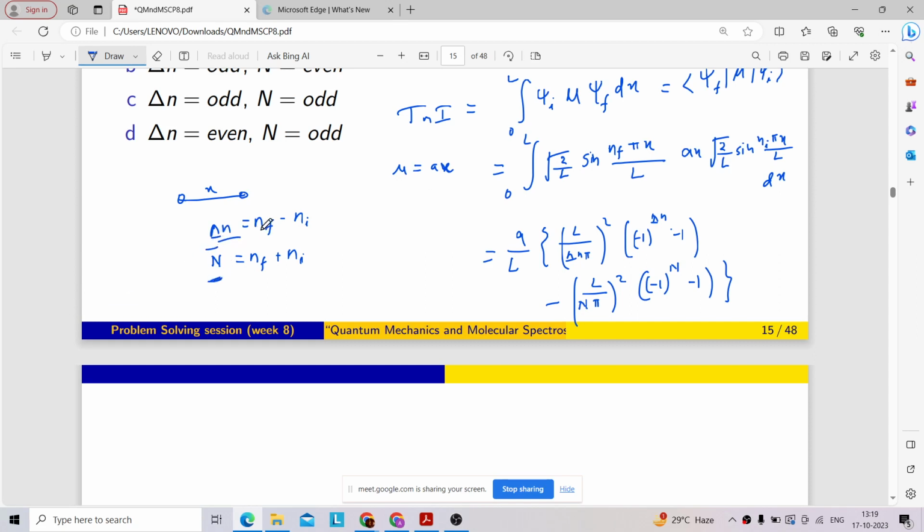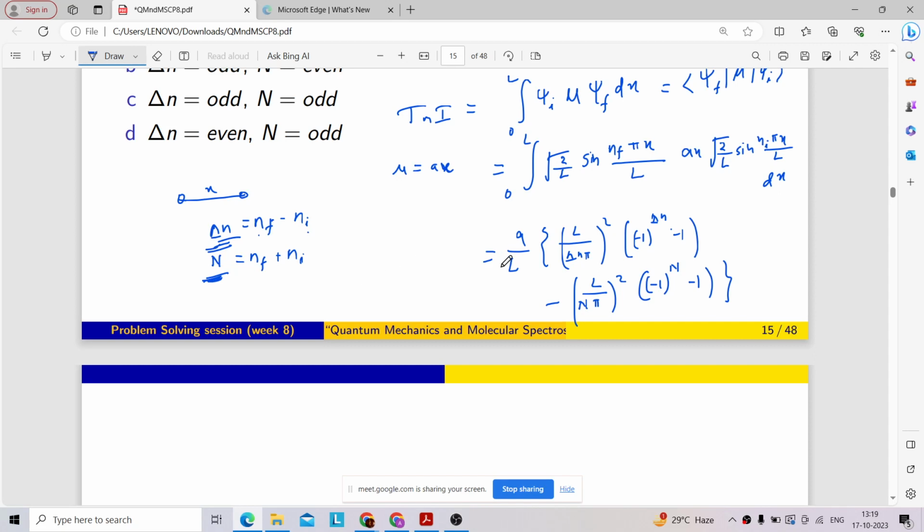Delta n is odd means one is even, another one is odd. Let's say NF is odd, NI is even, or NF is even, NI is odd. So in that case, the difference will be odd. What will happen to the sum? The sum of one even and one odd number is odd, right? So if delta n is odd, then capital N will also be odd.